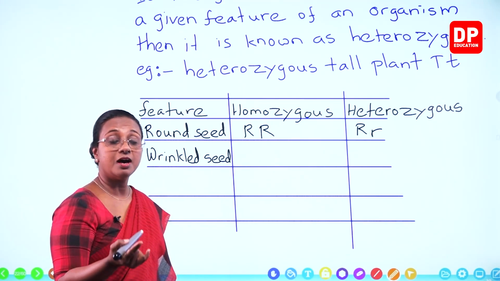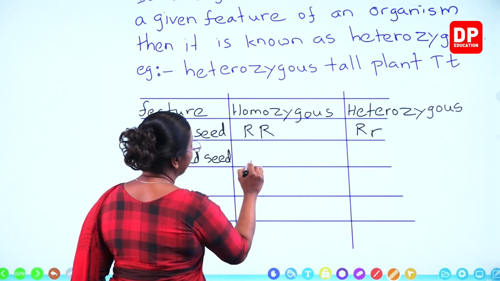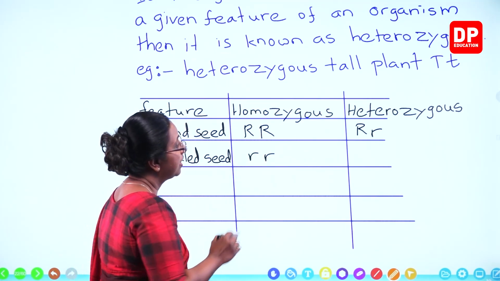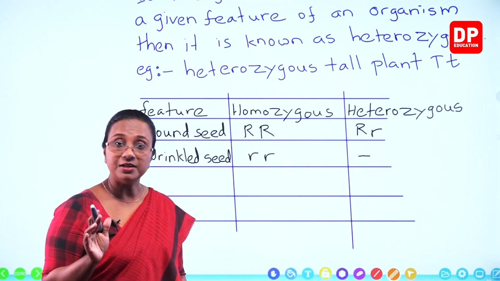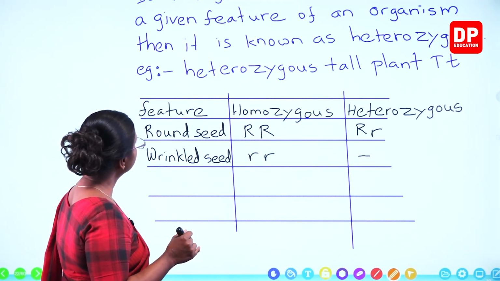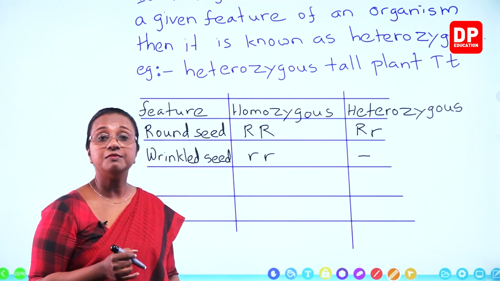Recessive characters are always expressed in the homozygous state. So we have simple R, simple R. There is no heterozygous instance. Is that okay?